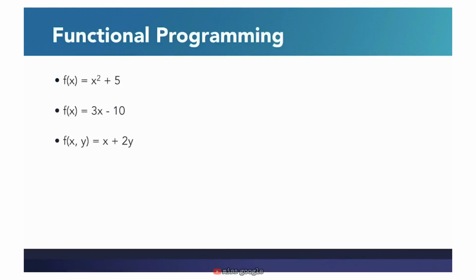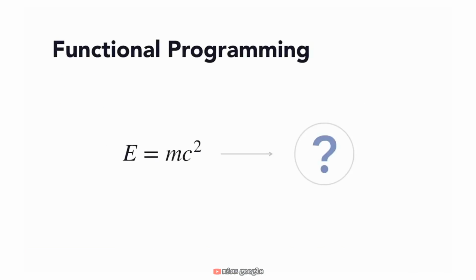This way of talking about things may also remind some of you of mathematical functions such as these. And as I mentioned before, this is one of the main ideas behind functional programming, to bring the precision and reliability of mathematical functions into our programs. As you may have figured, this is also where functional programming gets its name. So it's all very easy to say that functional programming brings the precision of mathematics into programming, but what does that mean exactly?